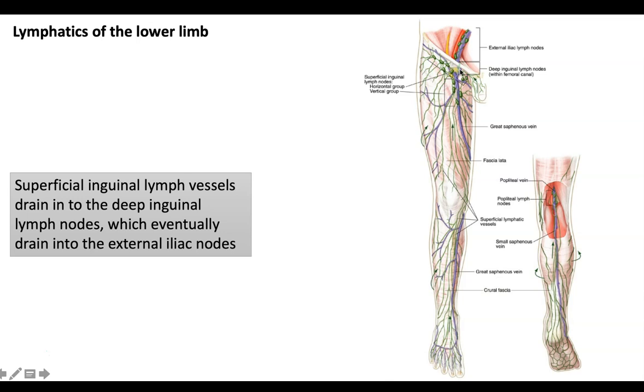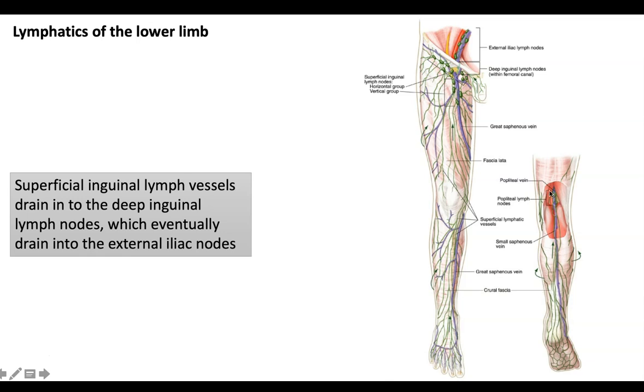Then from the deep inguinal lymph nodes, all the lymph drains into the external iliac lymph nodes. External iliac lymph nodes are within the abdominal cavity along the external iliac vein. So the superficial inguinal lymph node receives all these lymphatic vessels, then it goes into the deep inguinal lymph nodes, and then the external iliac lymph nodes.